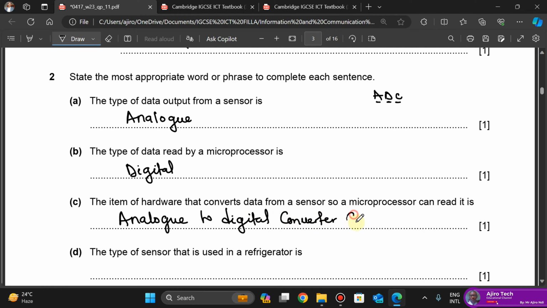You're going to see this in chapter 2 of the textbook, under your sensor. Right there.